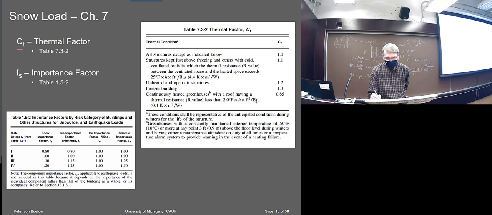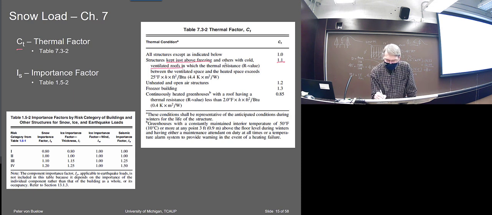This just depends on how heated or not heated your roof is, and if it's kept just above freezing, then you'd have 1.1. So this would be a cold ventilated roof.